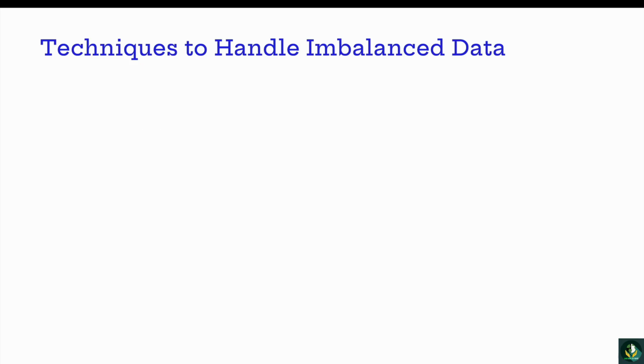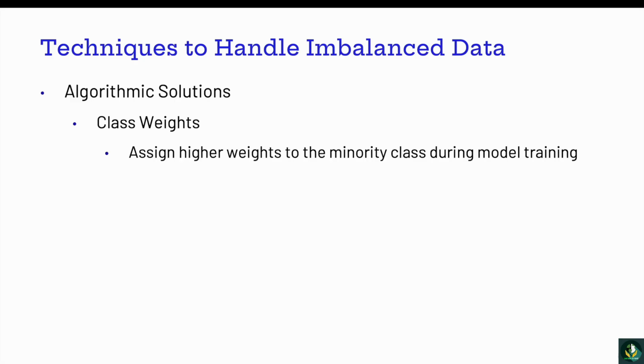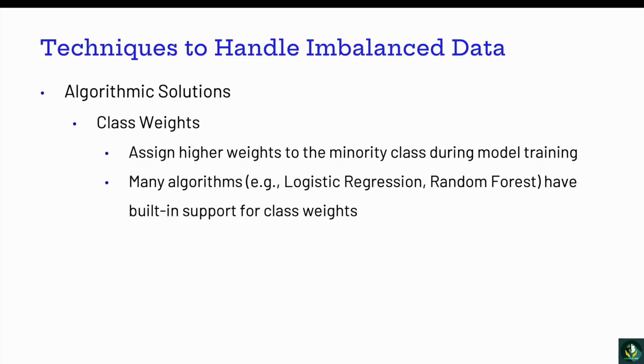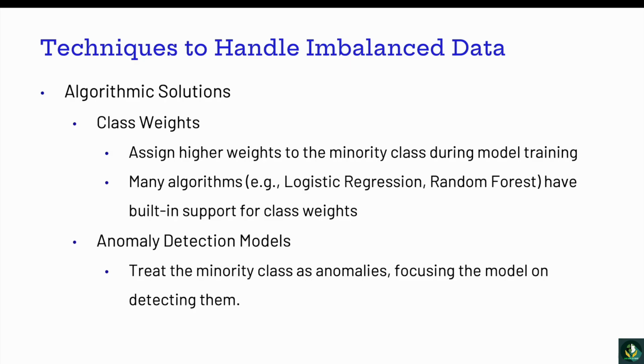Next are algorithm solutions. One is class weights. Assign higher weights to the minority class during model training. Many algorithms like logistic regression and random forest have built-in support for class weights. Next, anomaly detection models. You can treat the minority class as anomalies, focusing the model on detecting them.